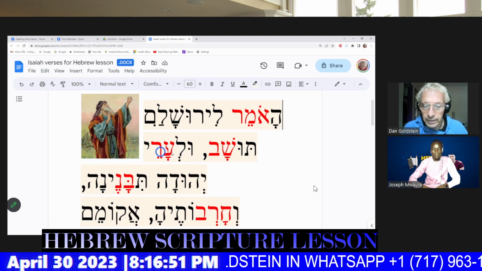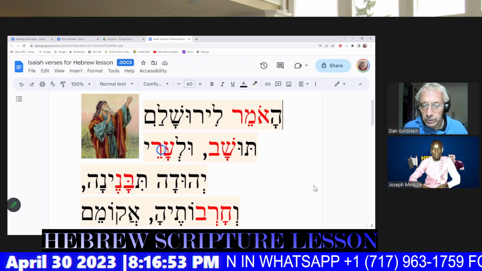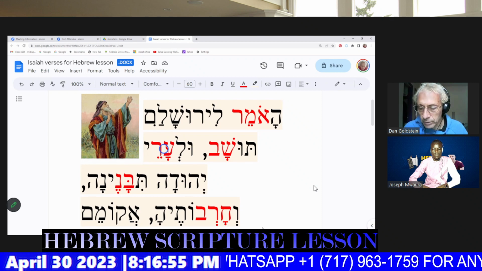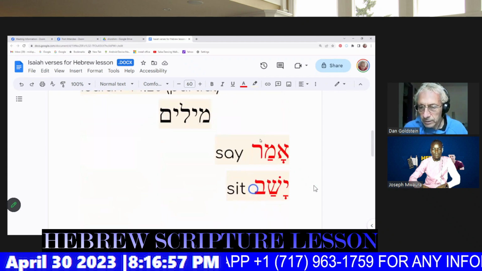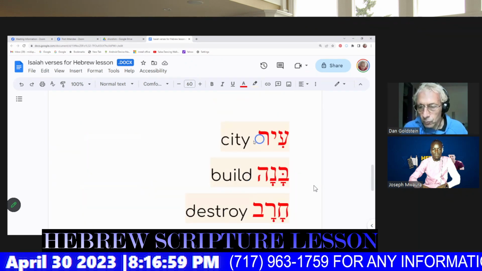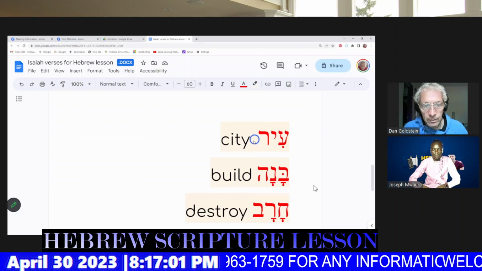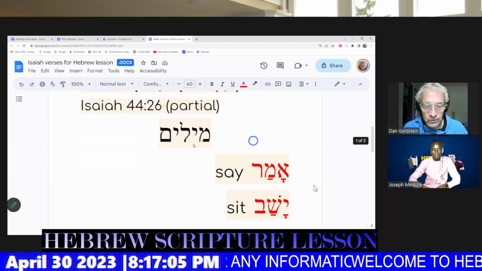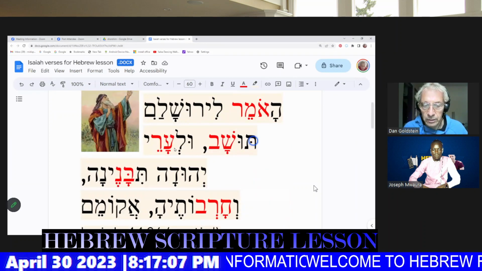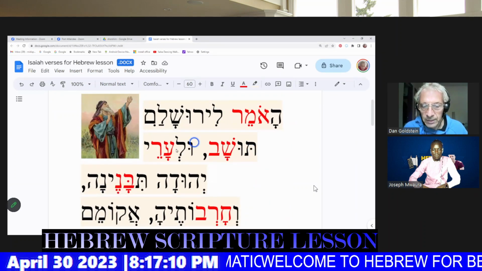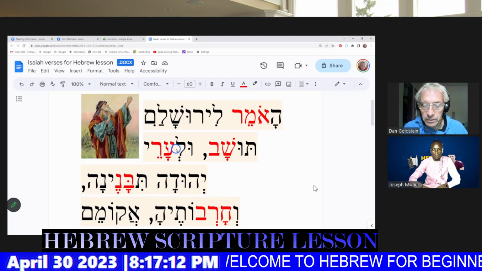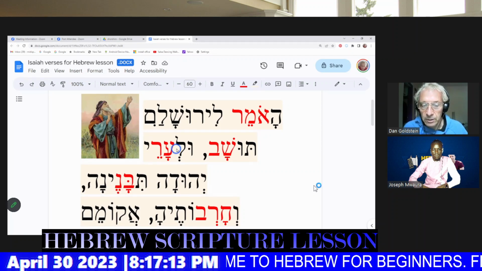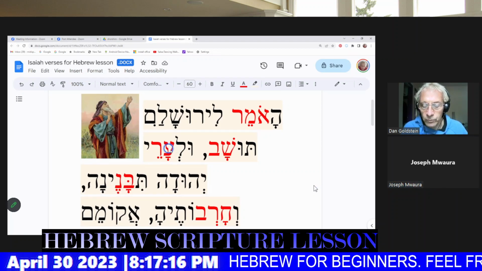Ul'are, there's the ir from our shorish list. So what we can discover from this instance of ir is that sometimes one letter drops out. In this case, the yud drops out, and we're left with the ayin and the resh.